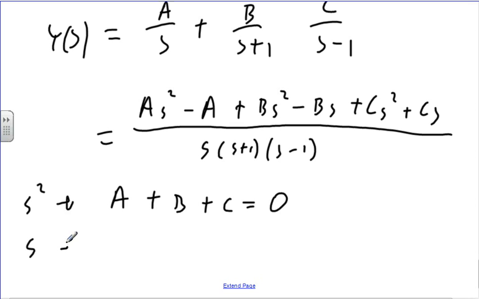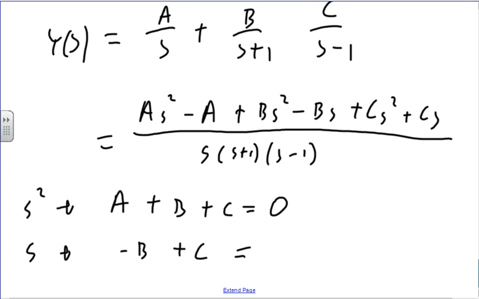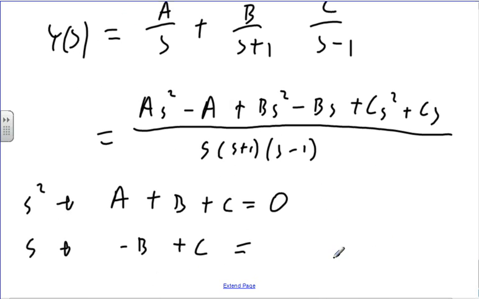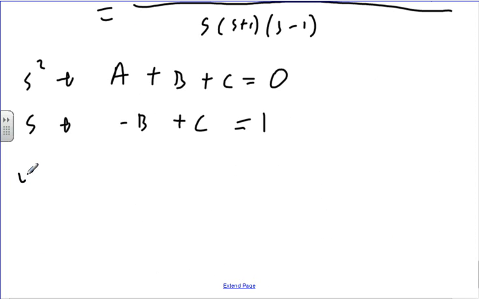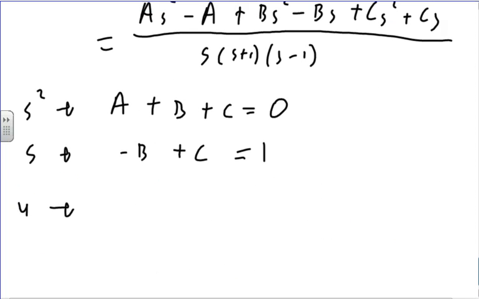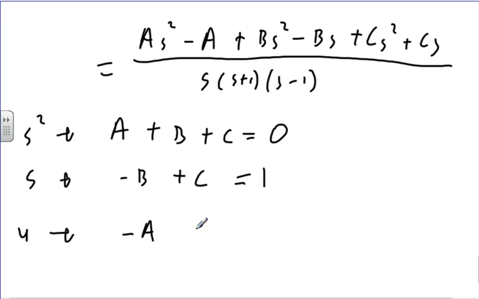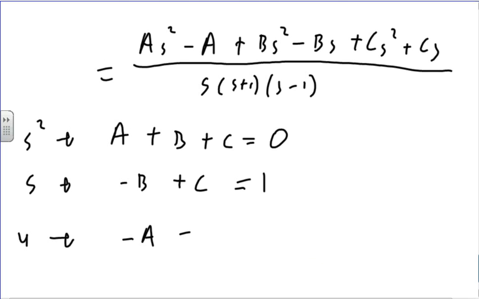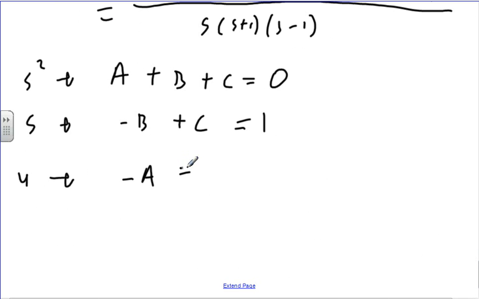I look at the s term, I get minus b plus c, and it has to be 1. I look at the unit term, and I see minus a. That's the only one. Minus a, and it has to be 2. So that implies a is minus 2.